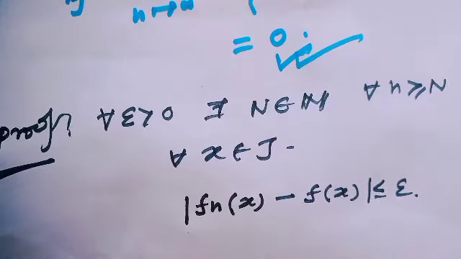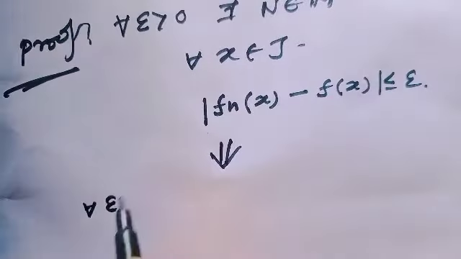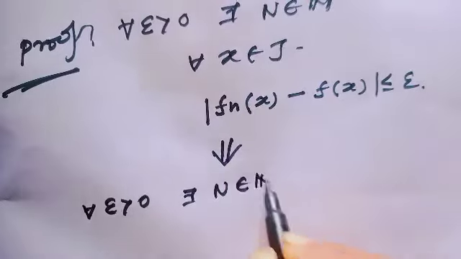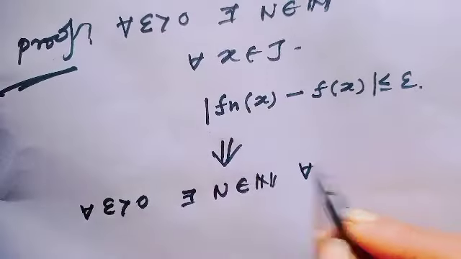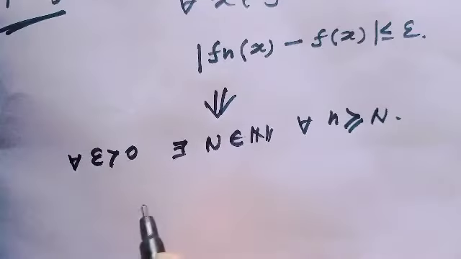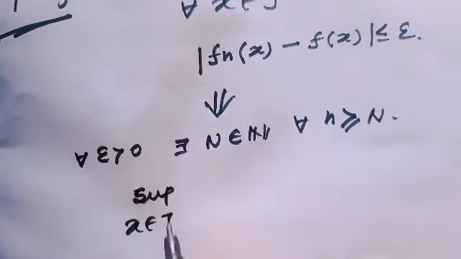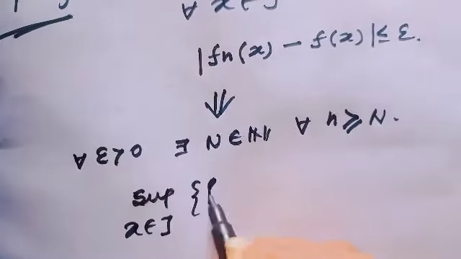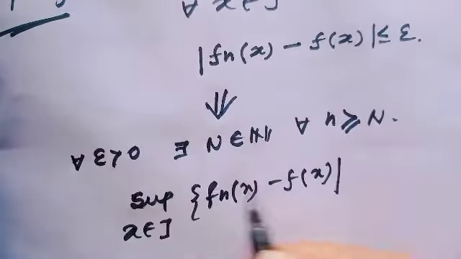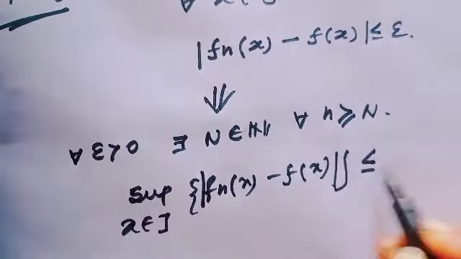Therefore, from this line, it is true for all epsilon greater than 0 there exists capital N such that for all n greater than or equal to capital N, the supremum over x belonging to J of the absolute value of fn(x) minus f(x) is less than epsilon.